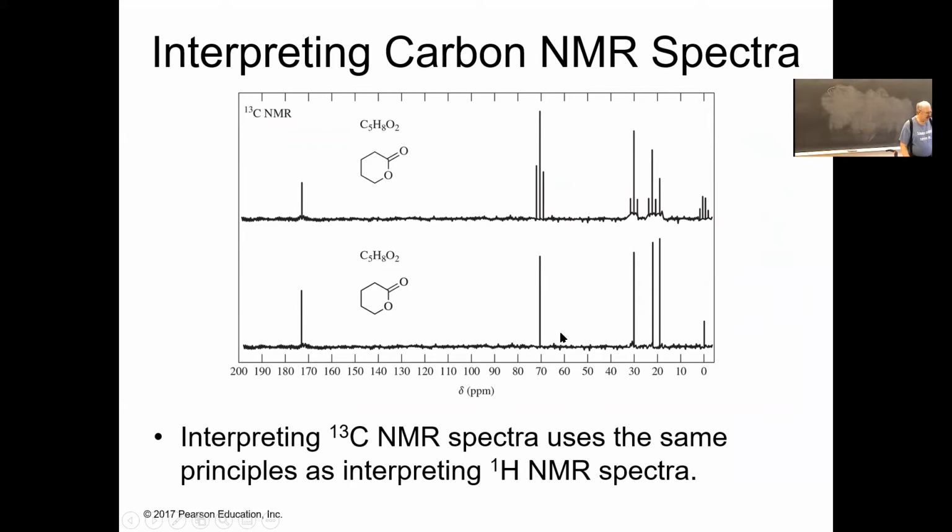If we do the broadband decoupling, we have 1, 2, 3, 4, 5 carbons, and that's what we have in the compound. All of these are triplets, and we've got 2 triplets that are overlapping.